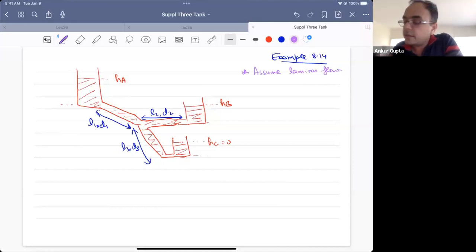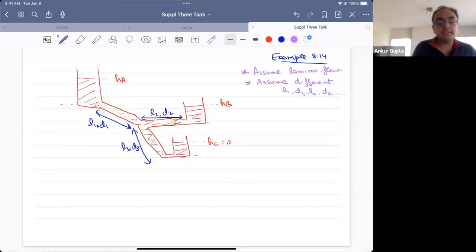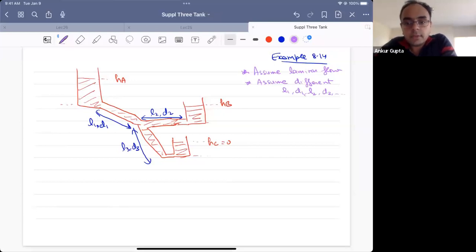The second difference is that I'll assume different lengths and diameters, L1, D1, L2, D2, and so on. The book uses the same diameters, but I don't want to use that assumption right now. I want to generalize, but I do want to assume a laminar flow, whereas the book uses turbulent flow.